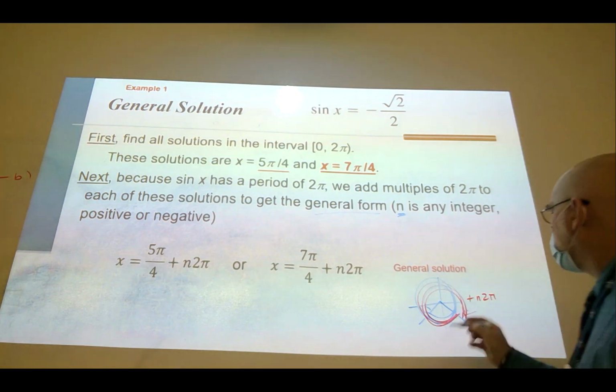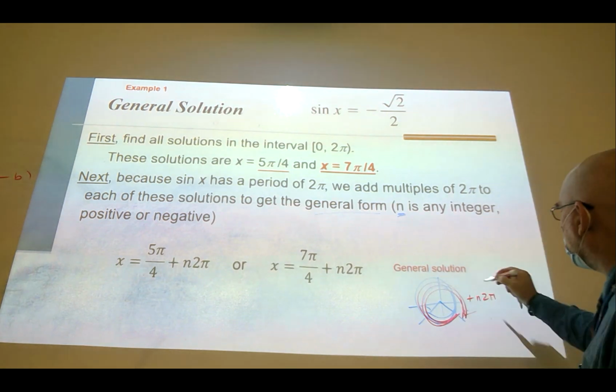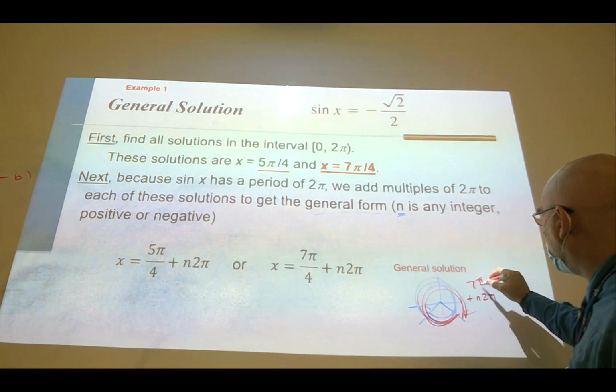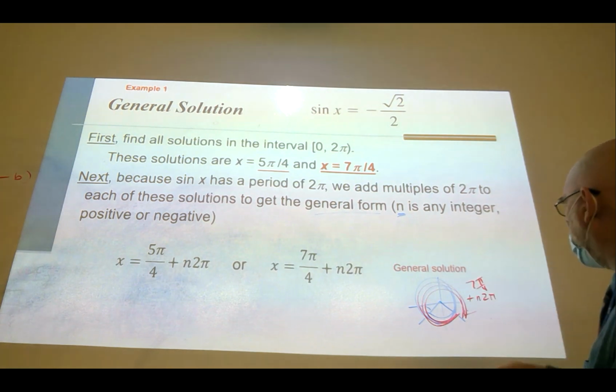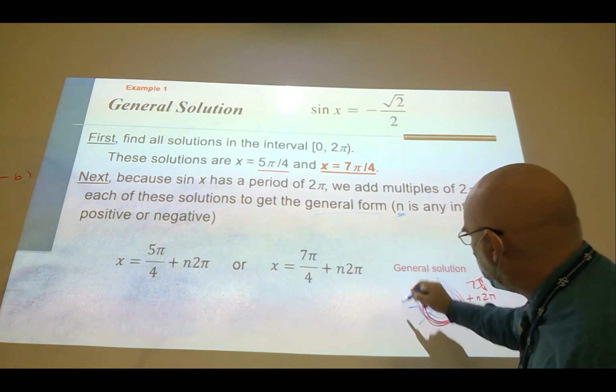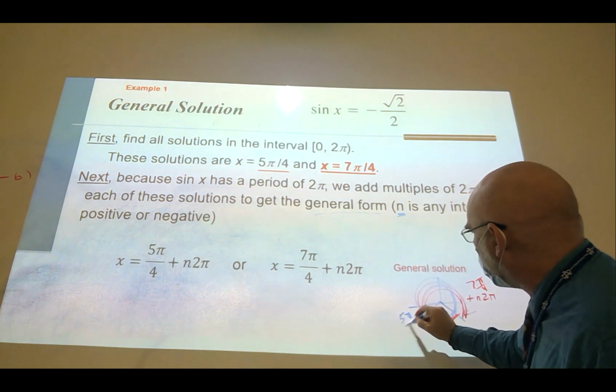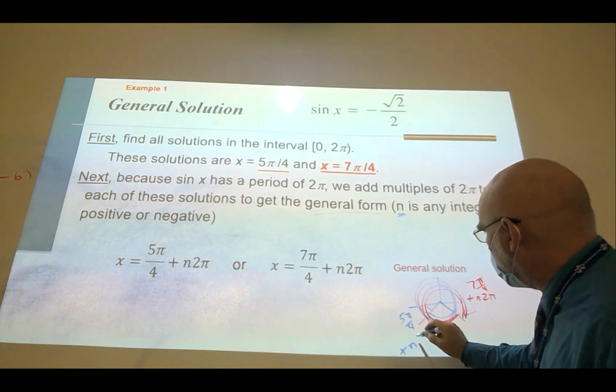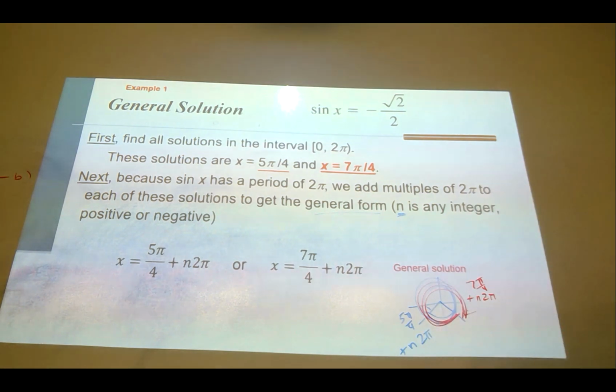Let me write this as 7 pi over 4 plus any number of 2 pi. And here I've got 5 pi over 4 plus any number of turns around the circle, positive or negative. So that's how we write an infinite number of solutions.